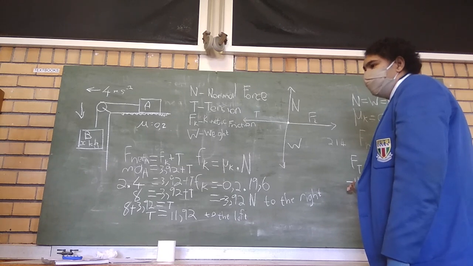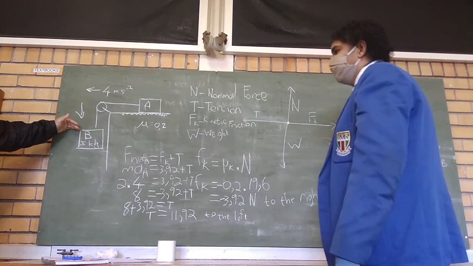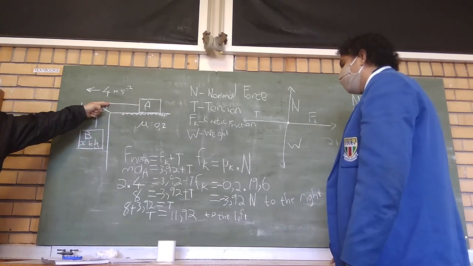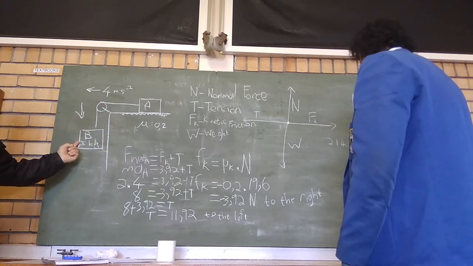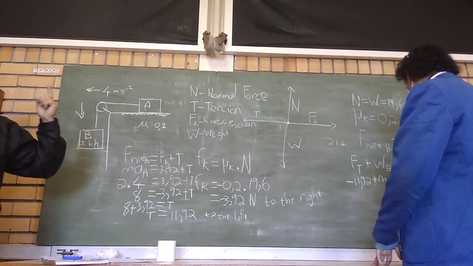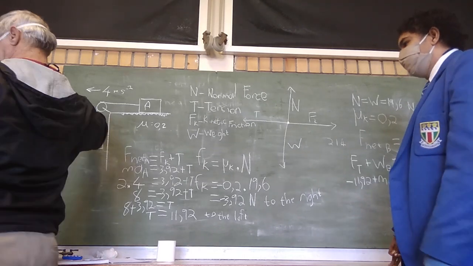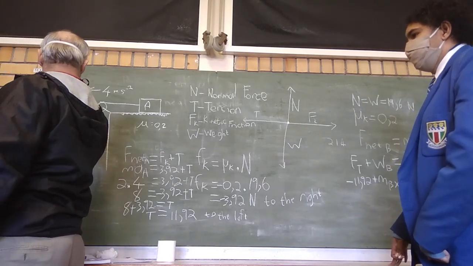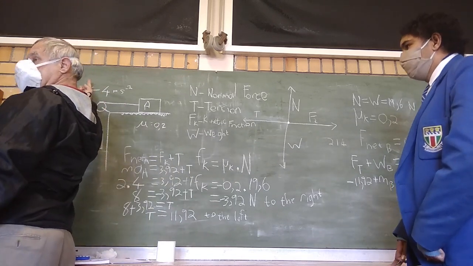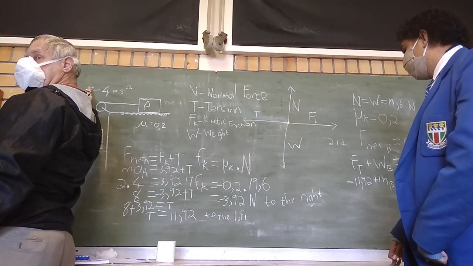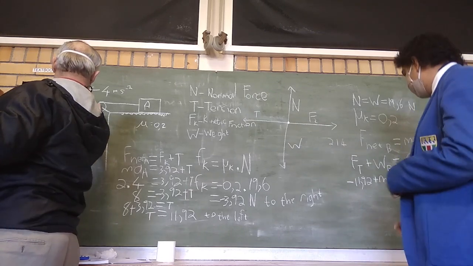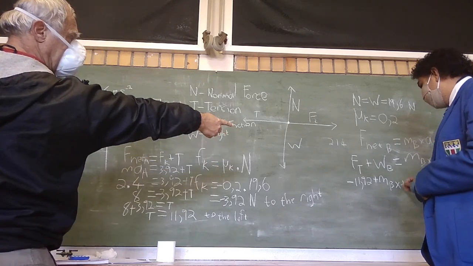So now for B, is the tension negative or positive? For A, it's to the left. But for B, it's equal and opposite moving through, right? So, you see what I'm saying, guys? Make sure that when you do it there, your tension is pulling upwards, which is negative. That's the only place you're going to get really stuck. This tension must be upwards, which is negative.